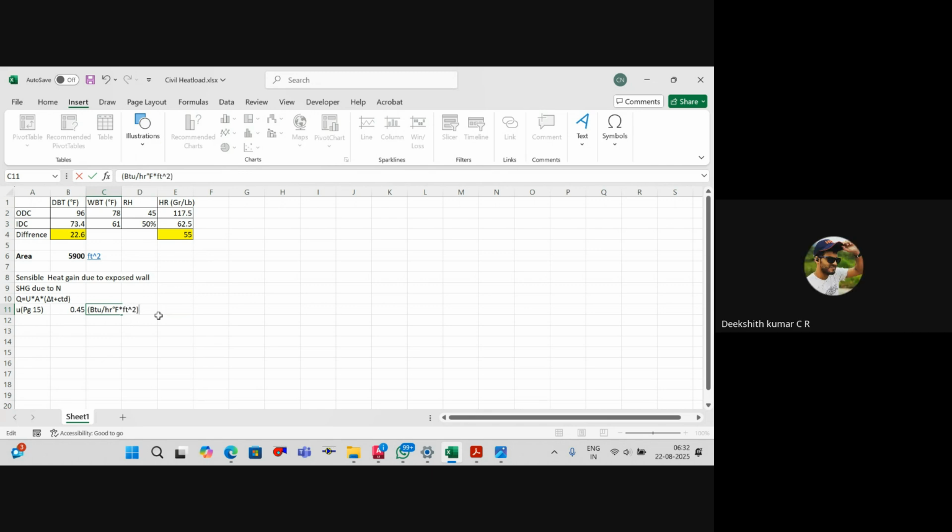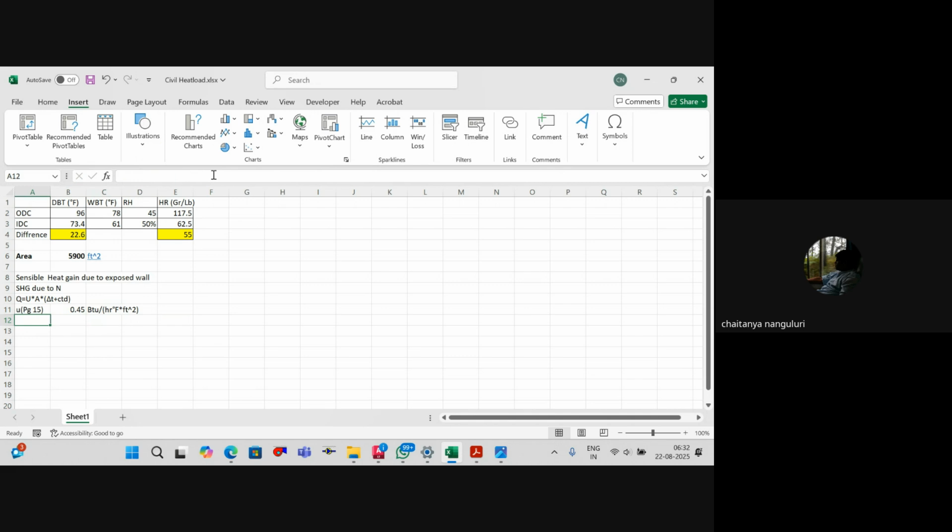Right. So these are the units of our U factor. Clear? So the U factor is done. 0.45 is the value, and these are the units that I'm putting.